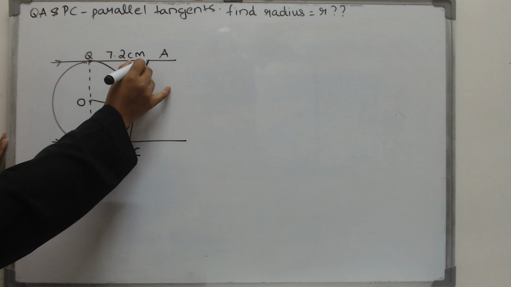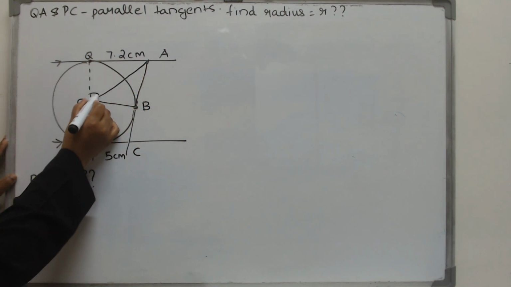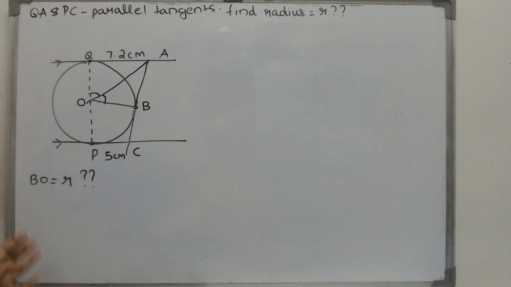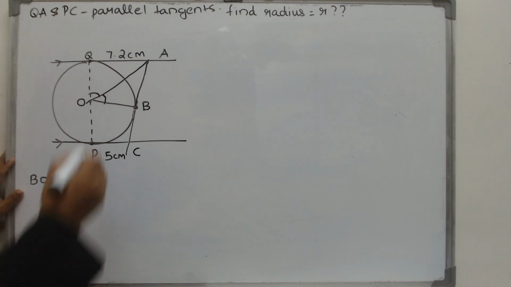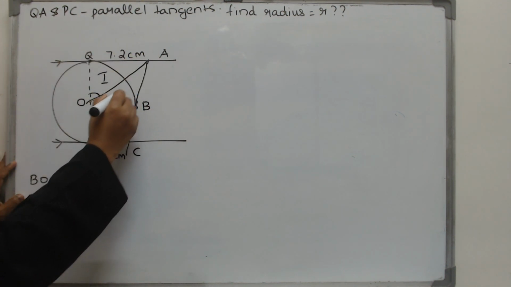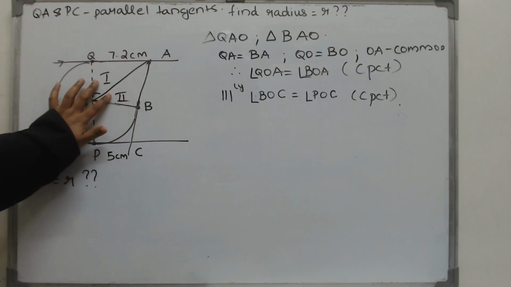Now the first step that we are going to do is prove that this angle here and this angle here are equal to one another. How are we going to prove that? Take this triangle as 1 and this triangle as 2. Why will these two triangles be congruent?